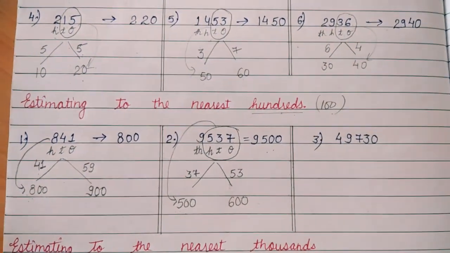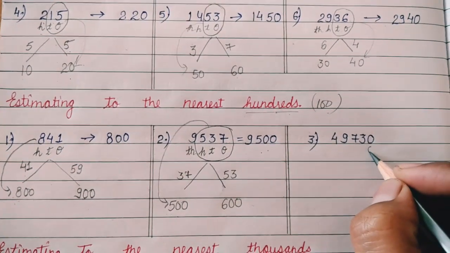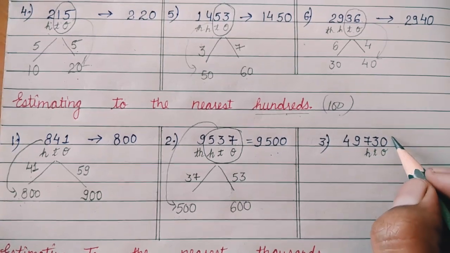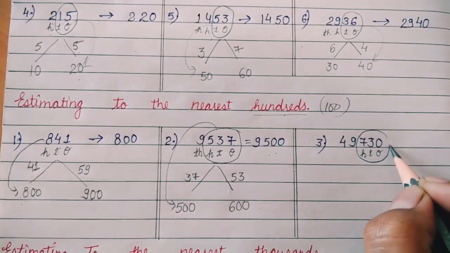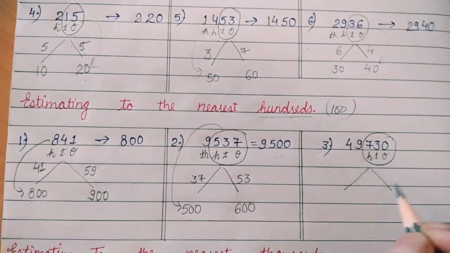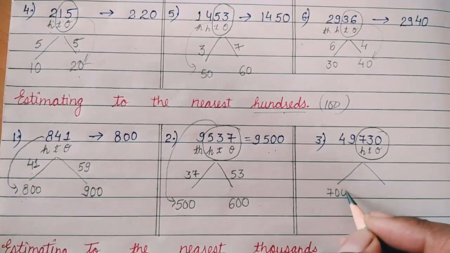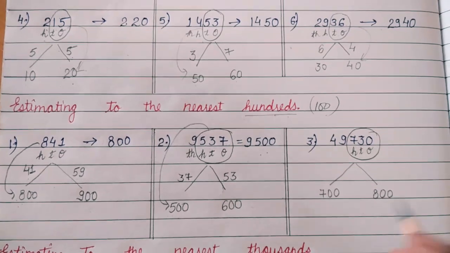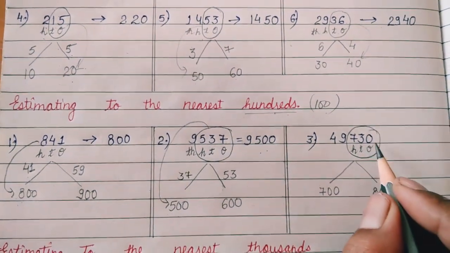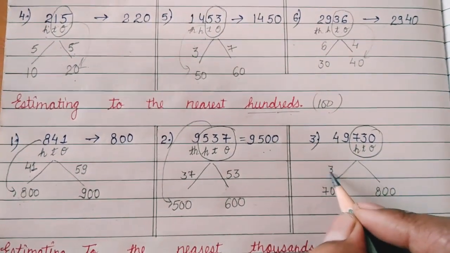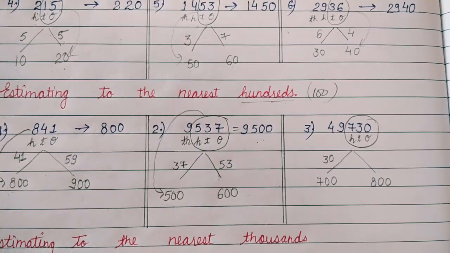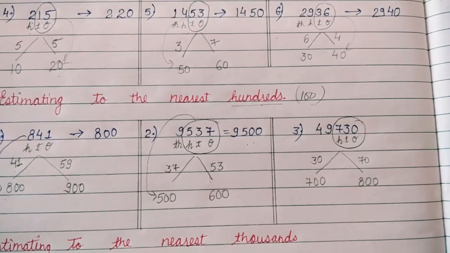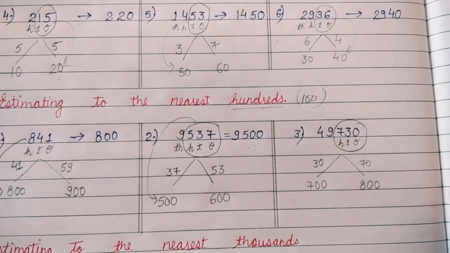Now the last one. Simply here we have ones, tens, 100. We have to estimate only 730, and we know 730 is coming in between 700 and 800. So when we are moving from 700 to reach 730, we have to take only 30 steps, and from 800 we have to take 70 steps. So where do we have fewer steps?